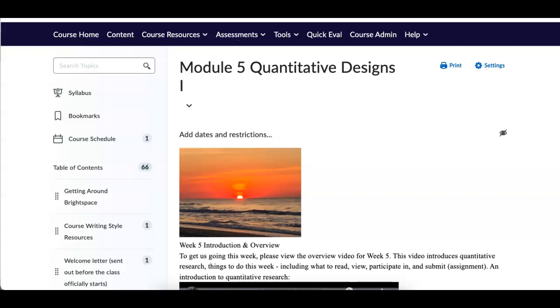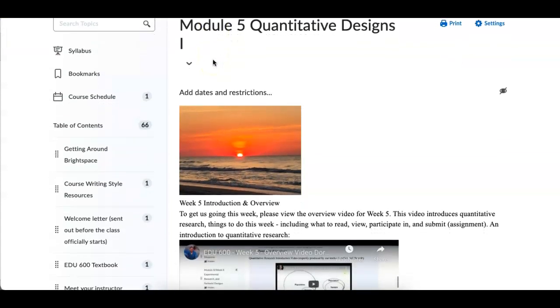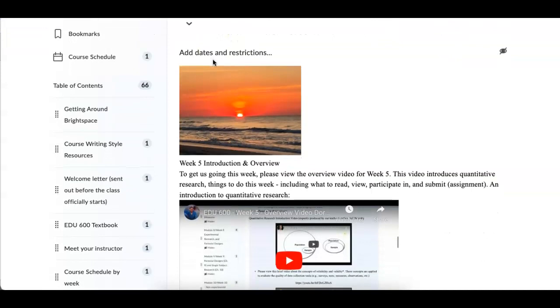Week number 5, we're jumping from qualitative research into quantitative research. With qualitative research, as you know, the data is words, it's language, it's observation. It's different than what we're going to be looking at in quantitative designs. Quantitative designs are about the numbers. Most of us have participated in various quantitative research polls.